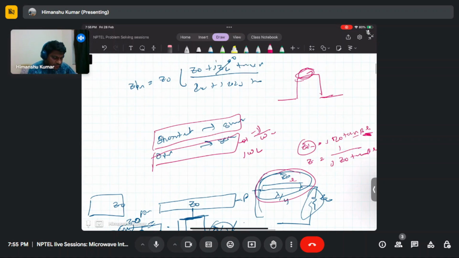So if you are using a short circuited line, better you use it in shunt, and if you are using an open circuited line, you use it in series.